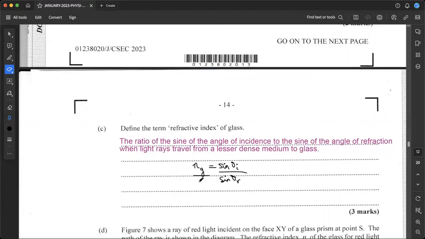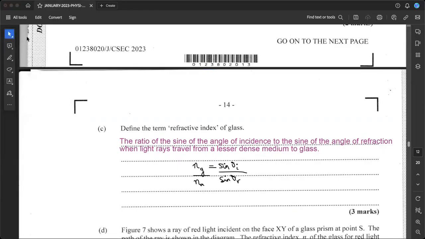So the refractive index of the less dense medium would technically be under here, right? So say it's coming from air, it would be like this. So the ratio of the sine of the angle of incidence to the sine of the angle of refraction is what we call the refractive index of glass in this particular case, right? So that's what that would look like from a formula standpoint, and this is all of that in words. So for 3 marks, we should be good here.